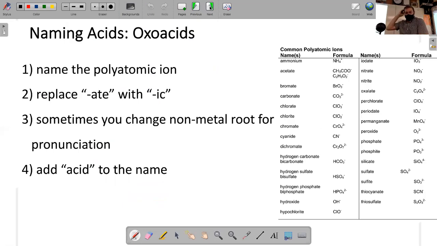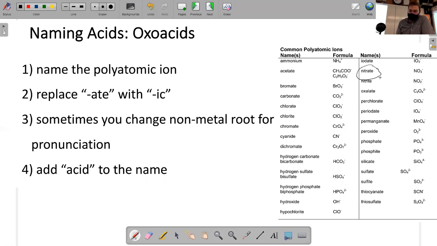For oxo acids, there's the polyatomic ion name for the oxo acid, and sometimes you have to change the root, and we add acid to the end of the name. So if the anion ends with ate, we change the name to ic. Like here, nitrate.